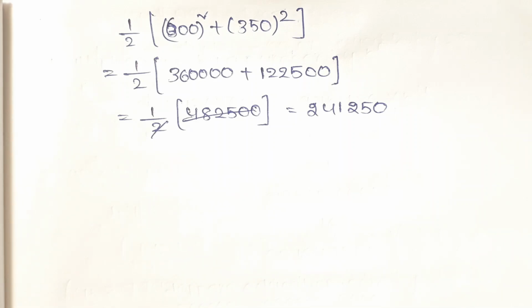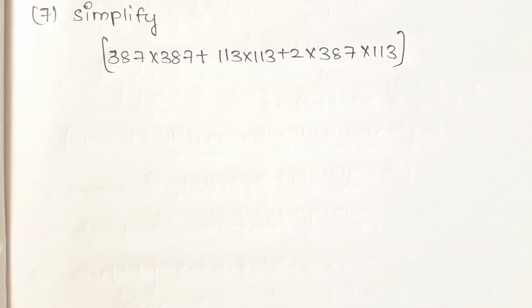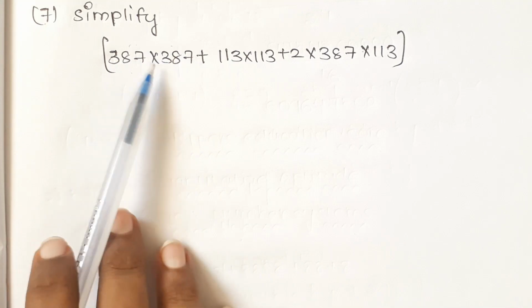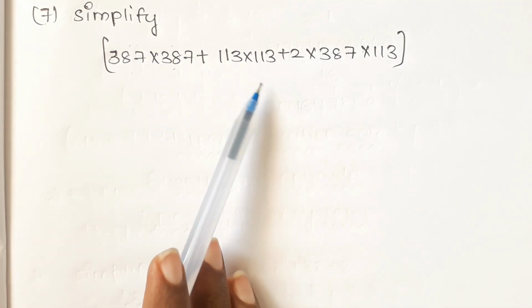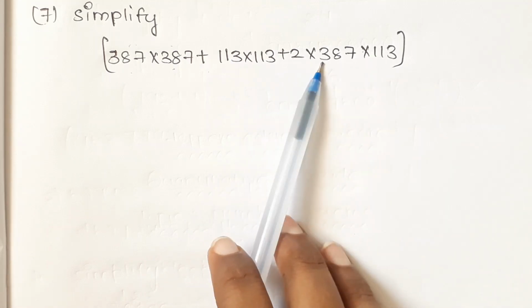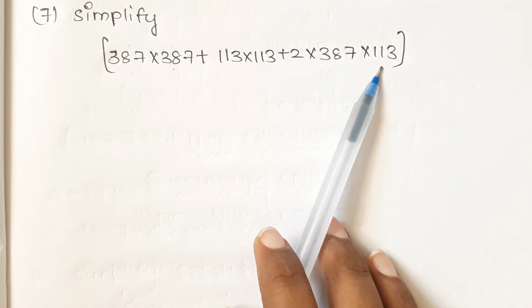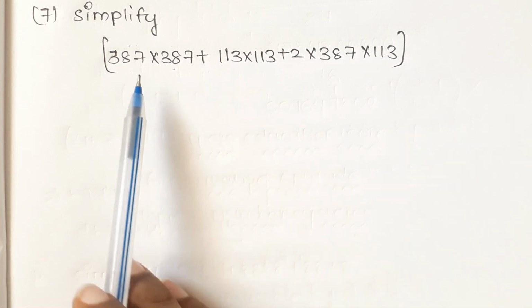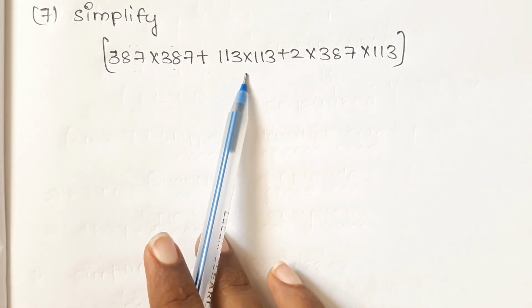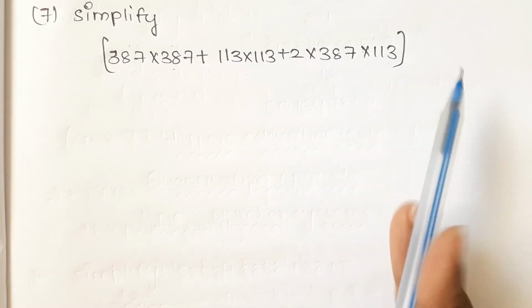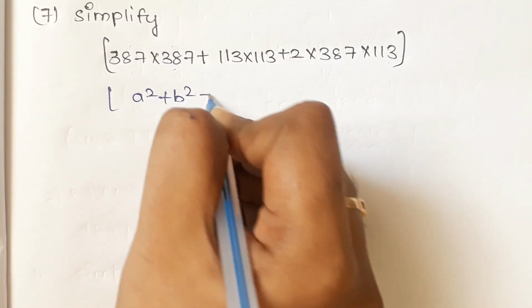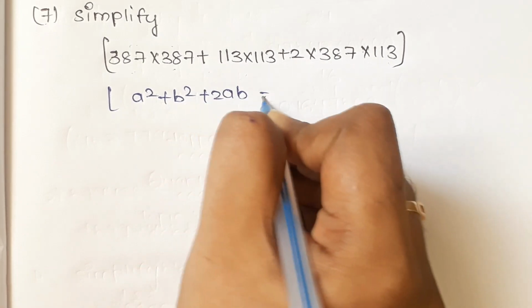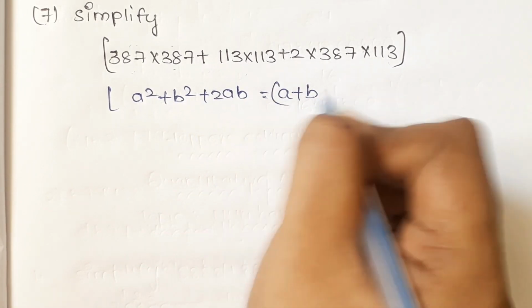And let us see the another model. Here this is the another model, that is simplify 387 into 387 plus 113 into 113 plus 2 into 387 into 113. It is in the form of a square plus b square plus 2 into a into b, that is a square plus b square plus 2ab is nothing but a plus b whole square.